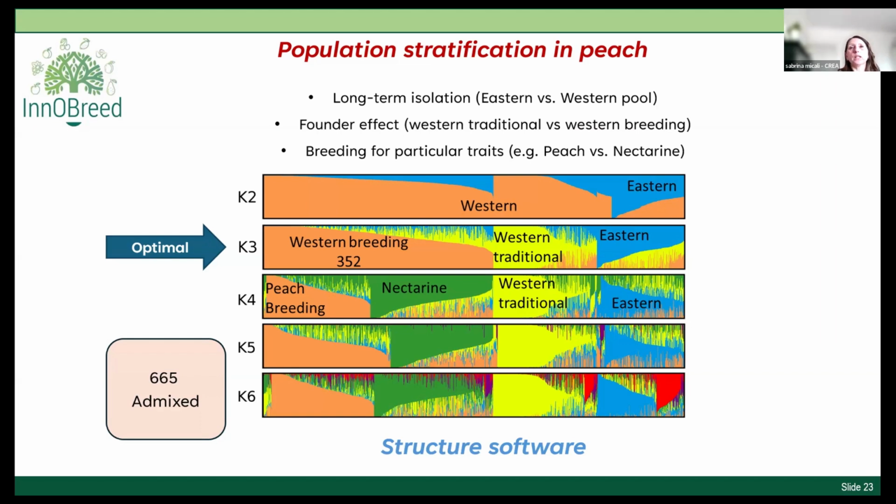The optimal stratification was found at K3, so with the three groups from long-term isolation and founder effect, while 665 individuals remained admixed.